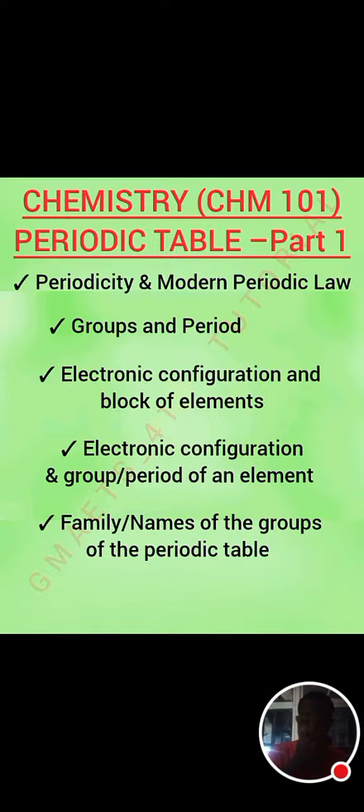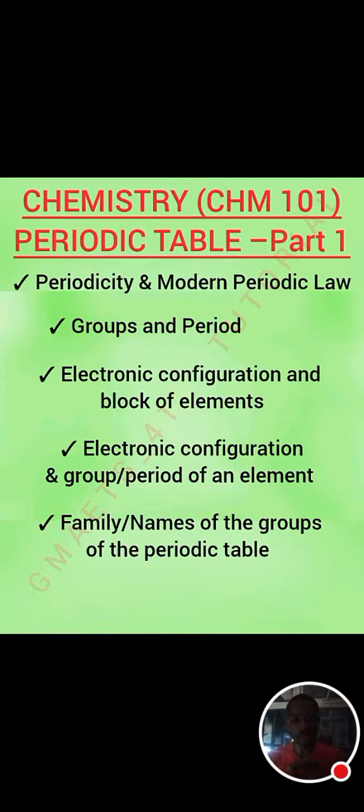We're going to be fast about it. Now there is this relationship between electronic configuration and the group or period of an element. Using this SPDF electronic configuration, the group of an element can be determined from those subshell configurations. The period is not a problem.